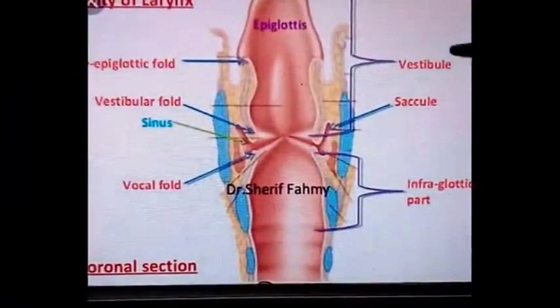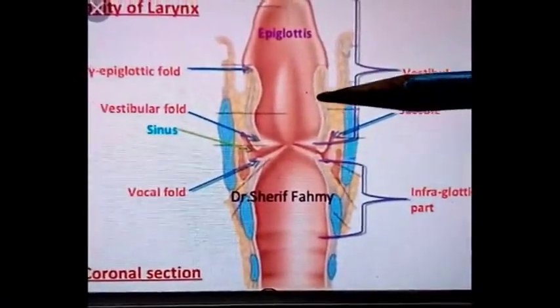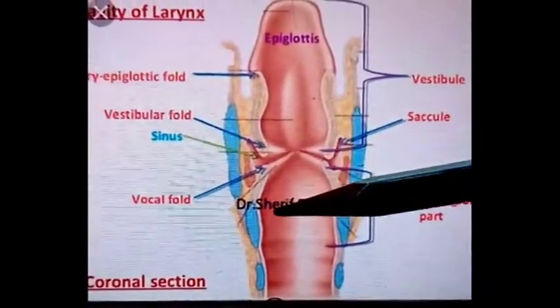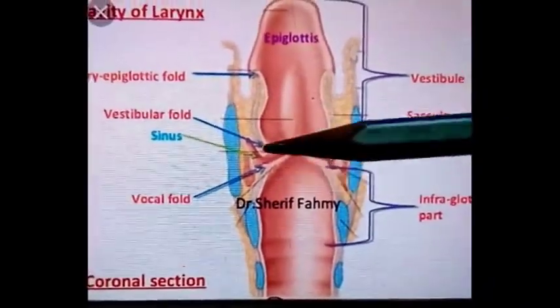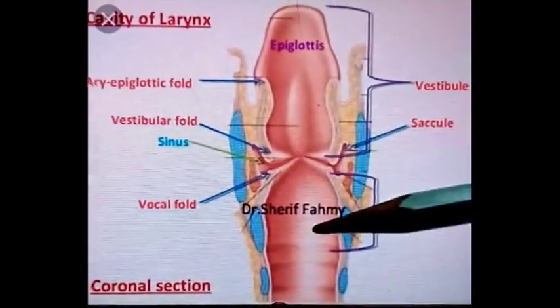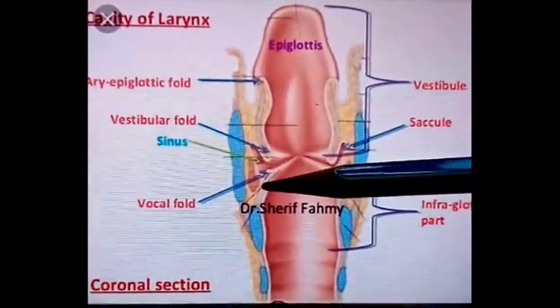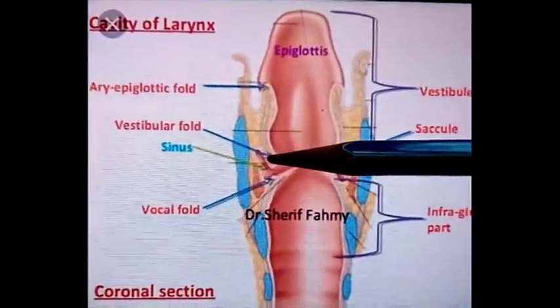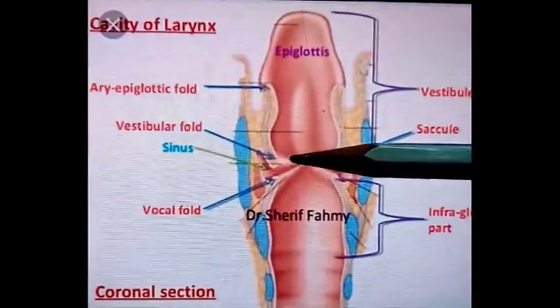The coronal section is seen from the posterior aspect, and this is the right wall of the larynx, this is the left wall of the larynx. Here we can see that these folds extend from posterior to anterior side. Vocal folds extend from back to front, and then the vestibular fold from back to front.